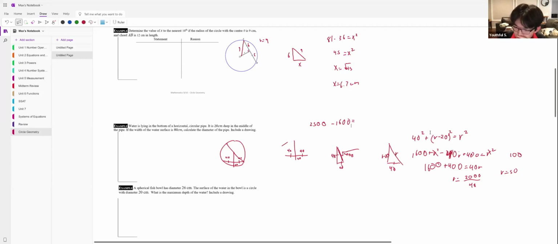Yeah, okay. r is equal to 50. So 50 squared is 2500, subtract 40 squared is 900. Yeah, okay, and then root 900 is 30. So 30, 20, 50. Yeah, okay, that's correct. Does that make sense? I feel like I've just kind of been rambling.